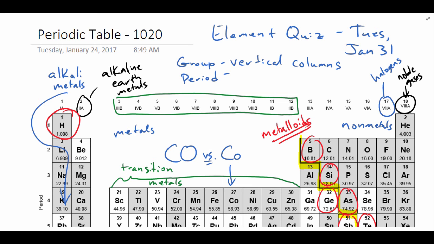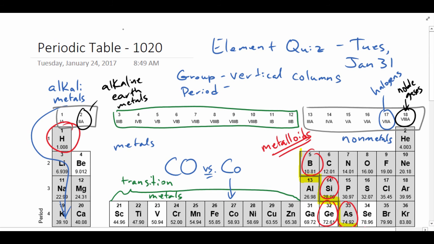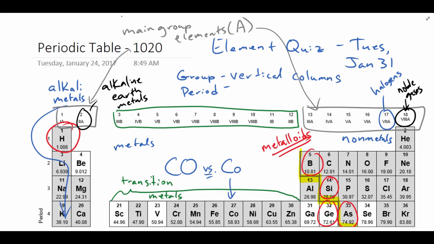Let's try gray. So the A groupings, these here and these over here, these are what we call the main group elements. They're called the main group elements. And so again, they're the ones that are designated by the letter A. So that's these here and this block here, letter A as well. Transition metals, these are the ones that are designated by the B groupings.